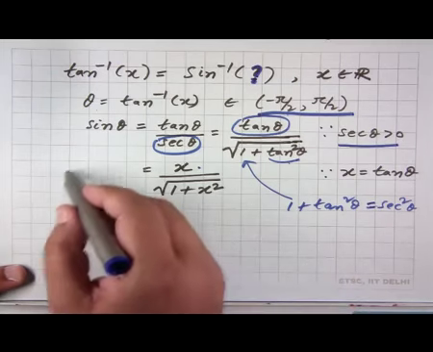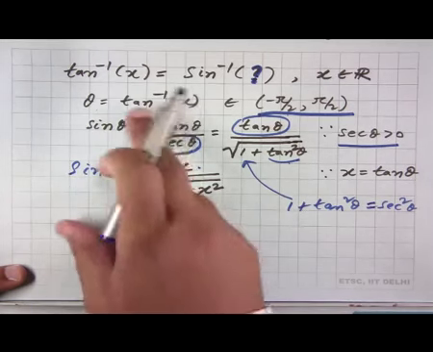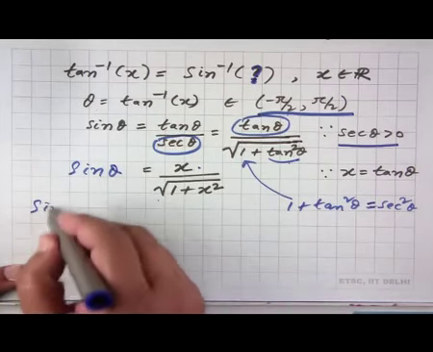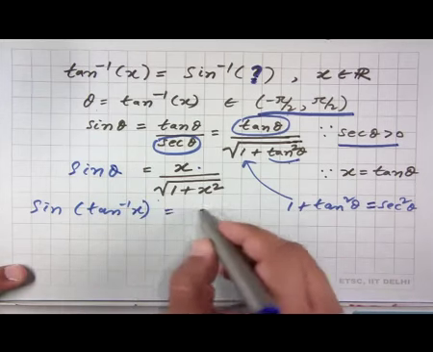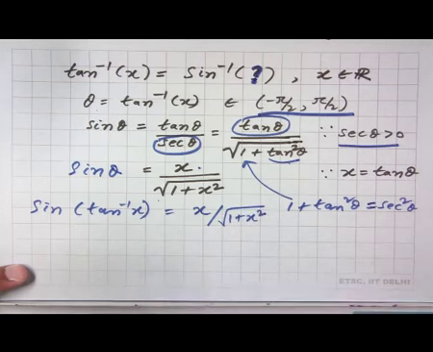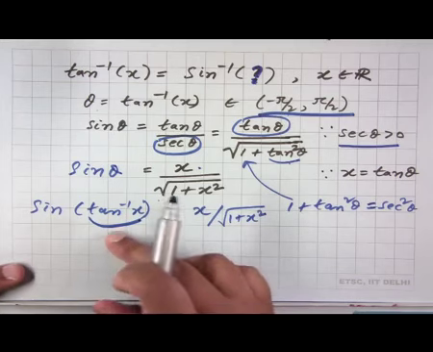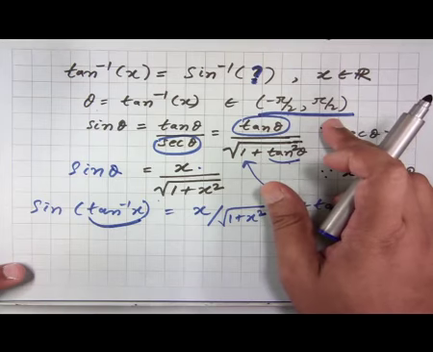So, finally, what we have is that sine of theta, where theta is tan inverse x, is equal to this. So, we can write it as sine of tan inverse x equals x over root of 1 plus x square, but this angle tan inverse x belongs to minus pi by 2 to plus pi by 2, which is also the range set of sine inverse.